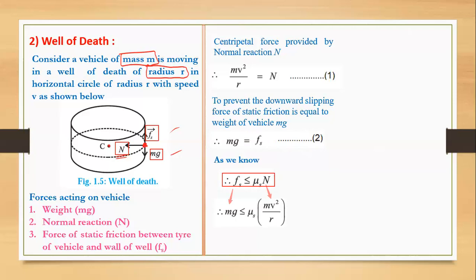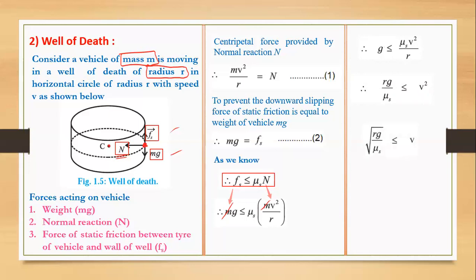Now we can cancel this m and this m. Okay. So we get g is less than or equal to mu s into v square by r. By using that, we can write rg by mu s is less than or equal to v square.